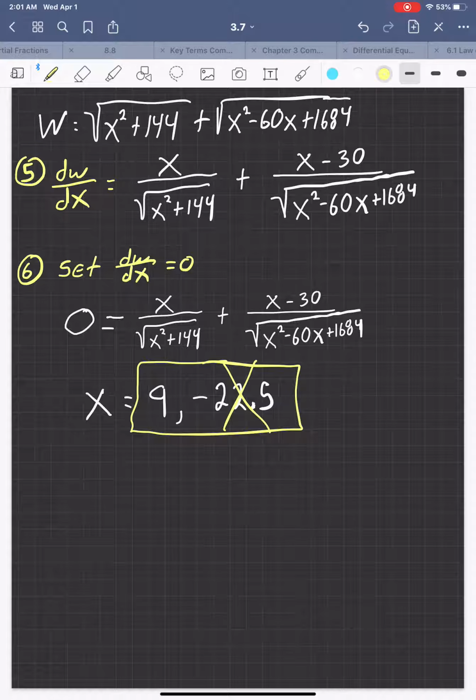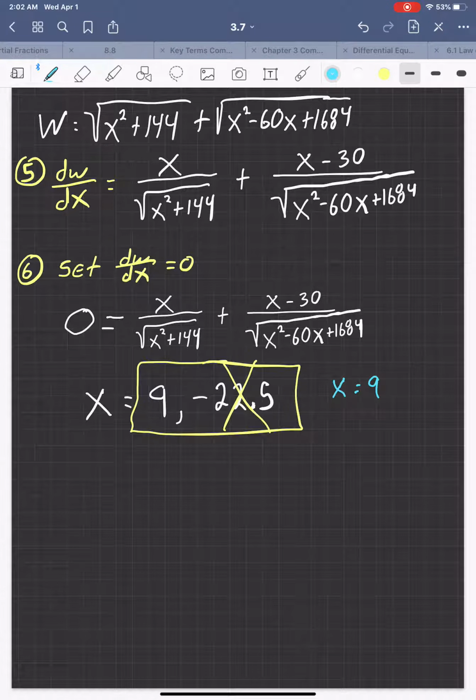I don't know what this negative 22.5 would mean in the context of this problem, so we're going to throw that out. And what's left to do? Well, what we're left with is x equals 9.